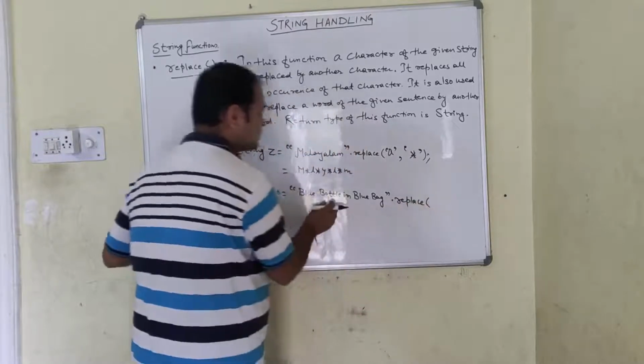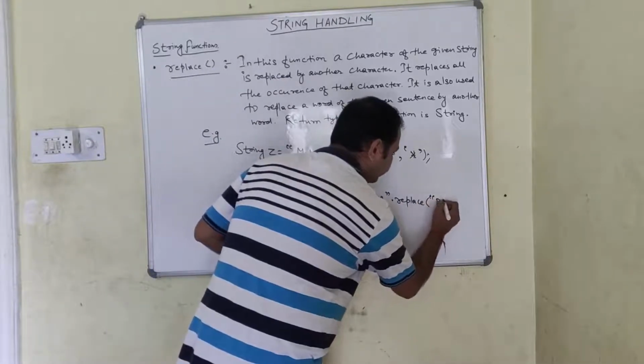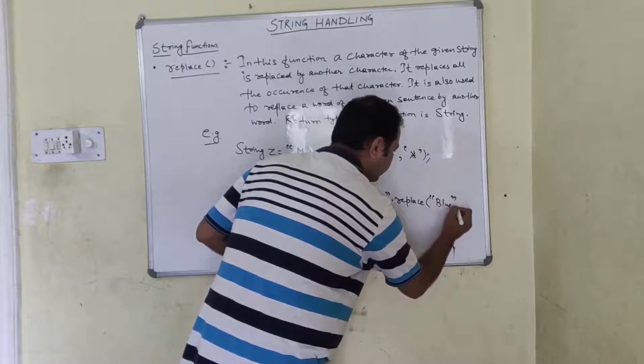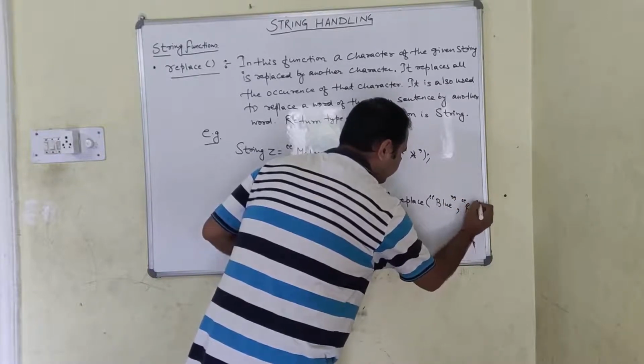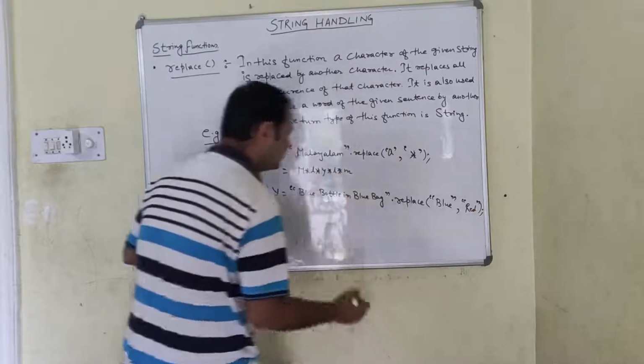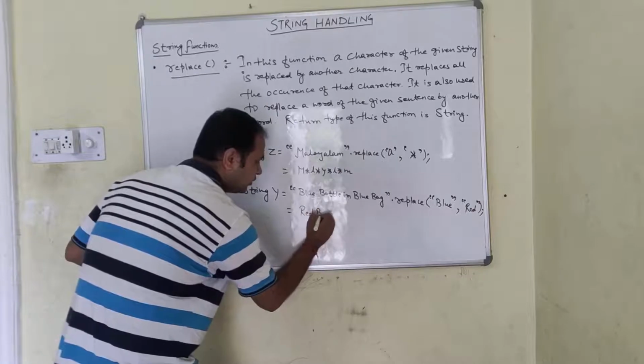I want to replace the word blue with the word red, so I am writing within double quotes blue, comma, again within double quotes red, semicolon. What output will you get here? You will get the output red bottle in red bag.